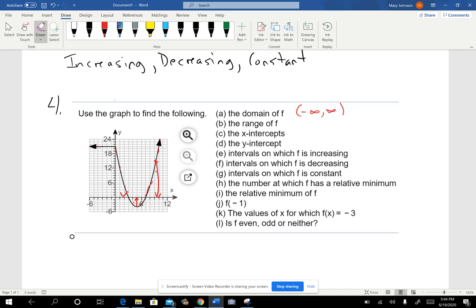Now for range, you can do a similar thing, but for range you'd be thinking about lowest and highest, because you're thinking about the y-coordinates. So the lowest point is right here, and then this arrow tells you that it keeps on going. So this right here isn't included in the range. I mean, you don't stop at that spot, because this arrow tells you there are ordered pairs way up here.